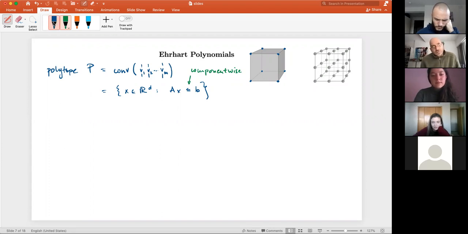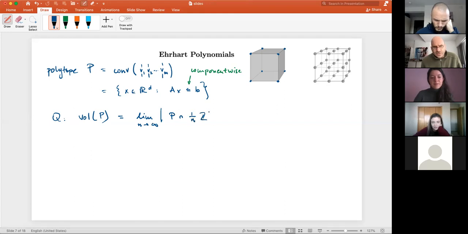And so the question I just asked on the last slide is, what's the volume? What I mean by this is Euclidean volume. Let's assume that our polytope is full dimensional. Then I can think of this as a Riemann sum kind of thing, where I take my polytope and intersect it with little boxes, or you can just think of integer points that I then scale down by n.